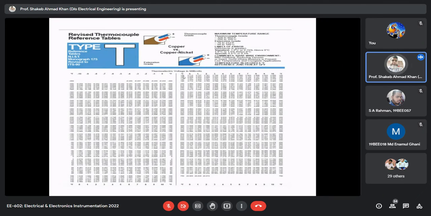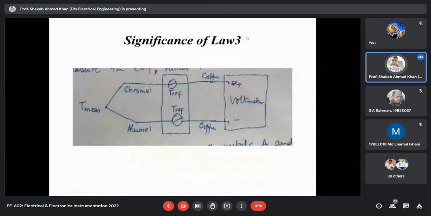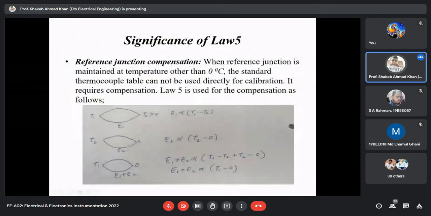This is not the correct temperature, because in this table the reference junction is maintained at 0 degrees Celsius, whereas in this case your reference junction is maintained at some other temperature. So the temperature we read from the table is more than the actual one, because the temperature difference is less for the same junction temperature, since T2 is more than 0 degrees Celsius, so E1 is less.